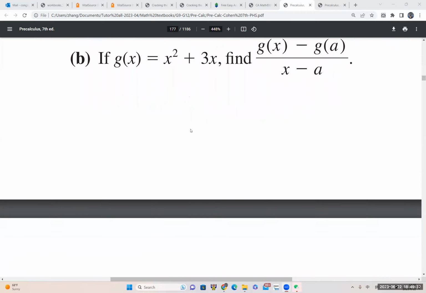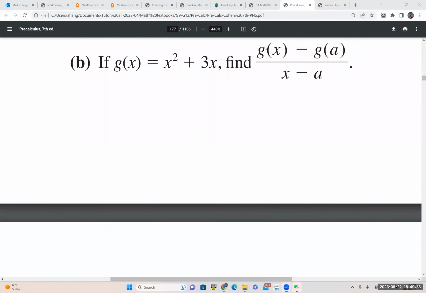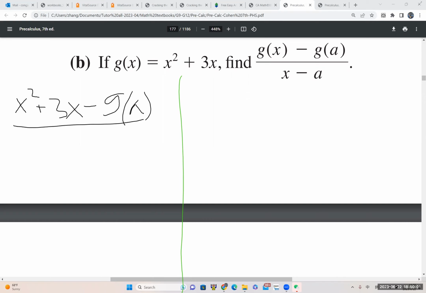Can we have a try to do it? Can you try? A is a value, and X you just suppose is another value.